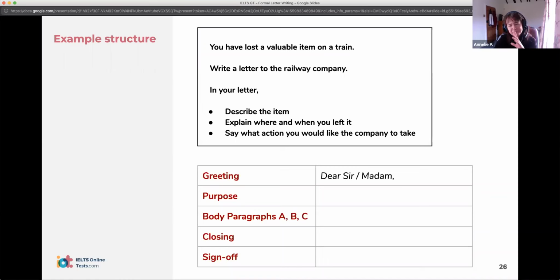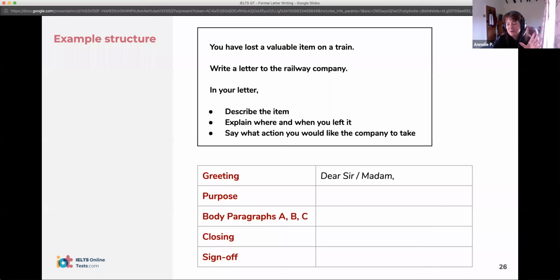I wouldn't use respected sweetie. That's not really letter convention. Or company, because again, that's not really the code. Just dear sir or madam. Don't need to think about it. Just put that. Don't put anything else, to be honest. So how can we introduce the purpose?